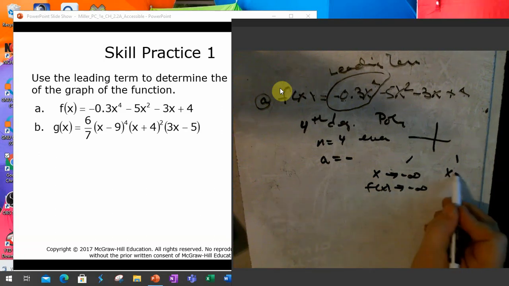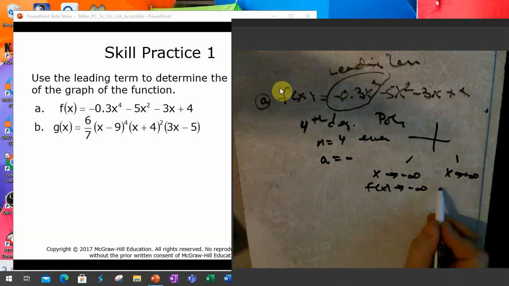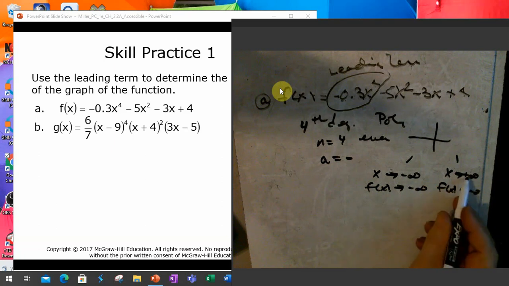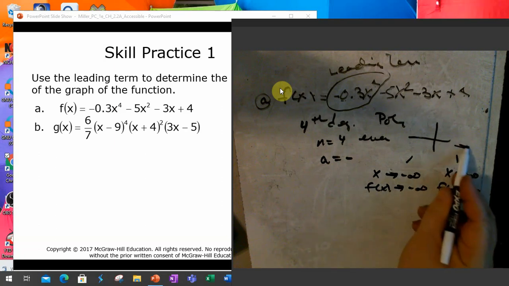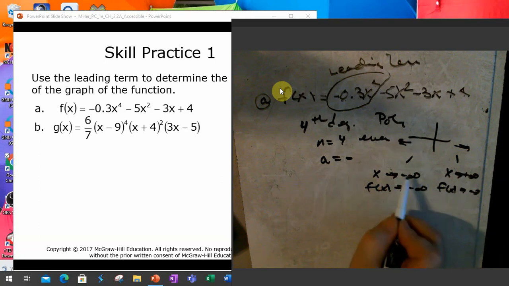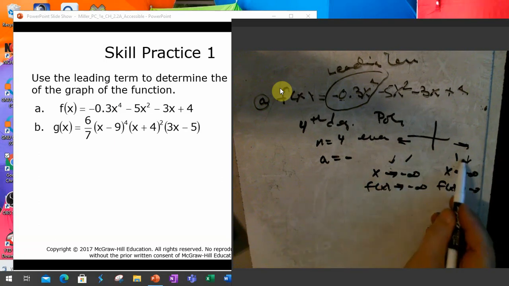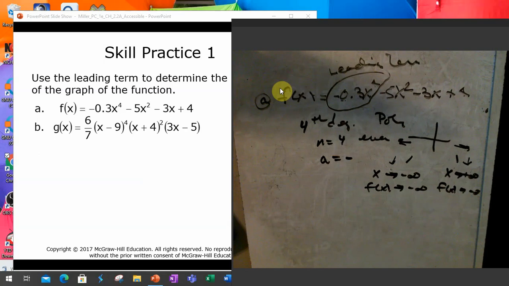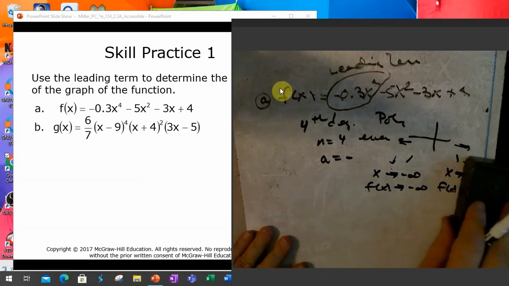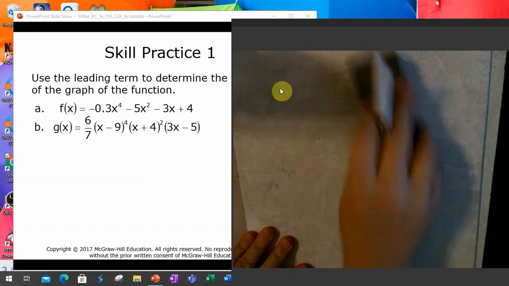And as x goes to plus infinity, f of x also goes to -infinity, looking down this way, looking down that way. Okay.